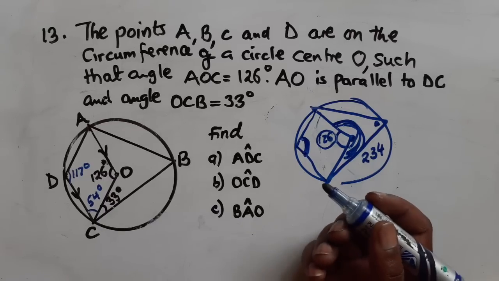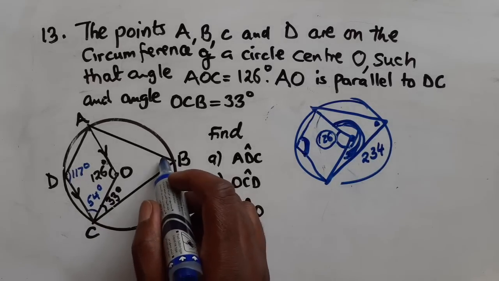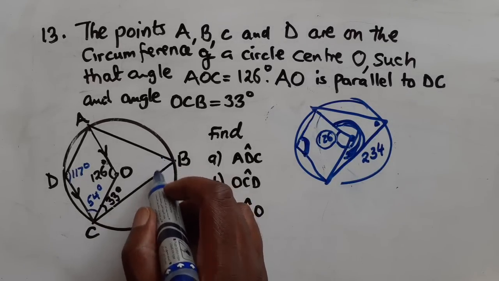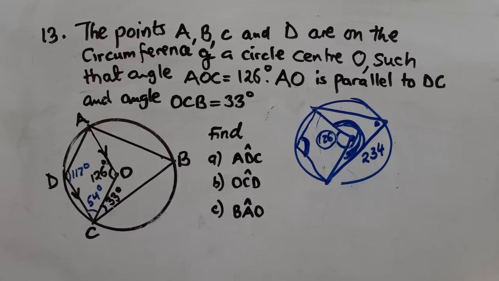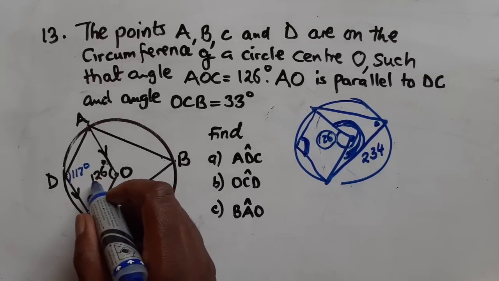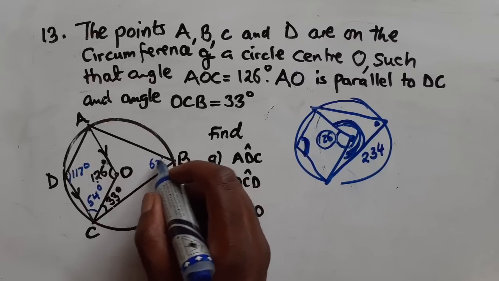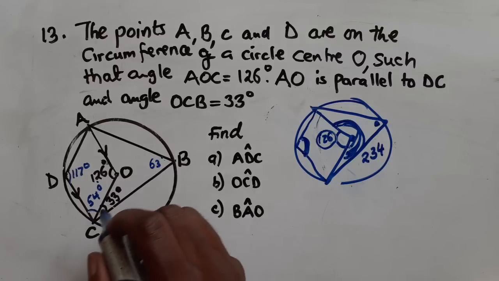You can use that concept, or when you find this angle here, we can go ahead and find this one also by dividing this one by 2. When you divide this angle by 2, what do you get? You get 63, am I right?